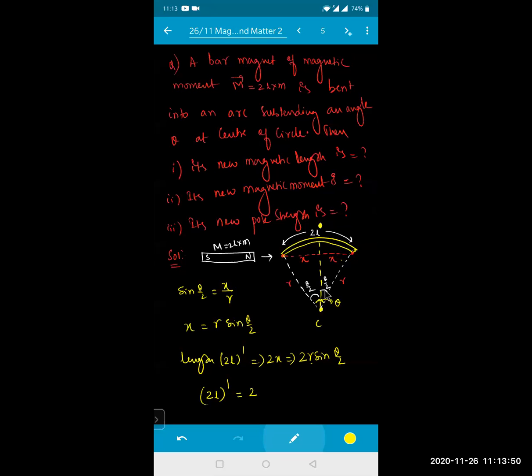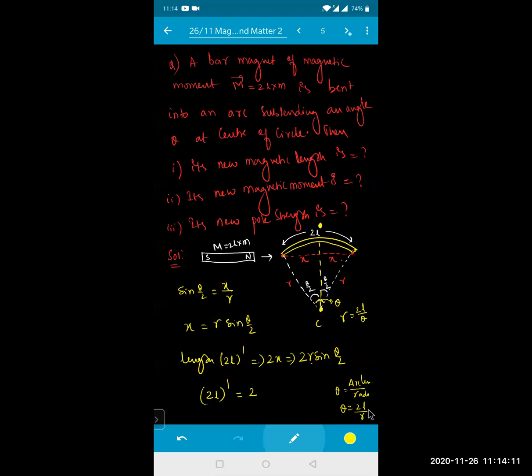Theta is equal to arc length by radius. ఎలా రాయొచ్చు mathematics? Arc length ఎంత ఉంది? 2l divided by r into theta. అంటే r ఎలా రాయొచ్చు నేను? r is equal to 2l by theta అని రాయొచ్చు.